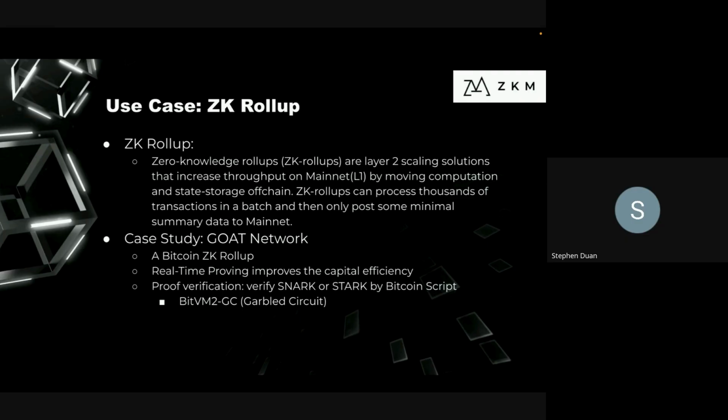So here is a use case we are collaborating on very closely. That's GOAT Network. GOAT Network is basically a Bitcoin zkRollup. It's usually very hard to verify the proof on Bitcoin by Bitcoin scripts because the script functionality is very limited.